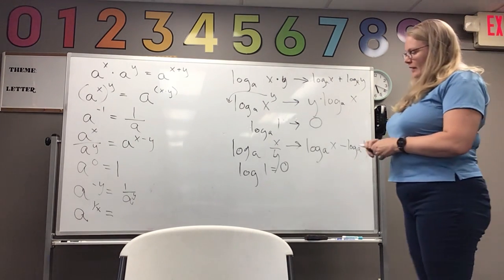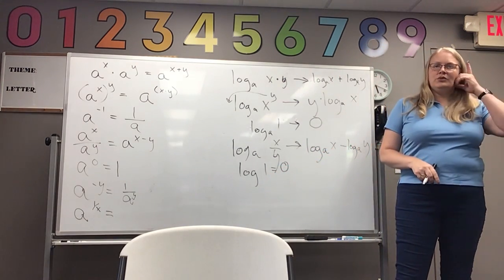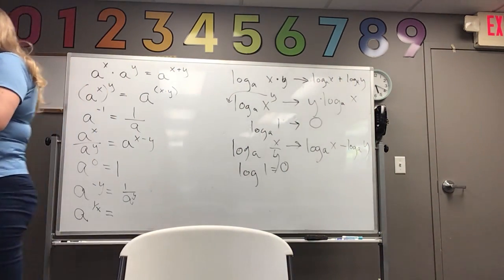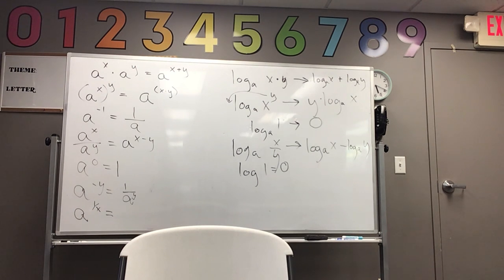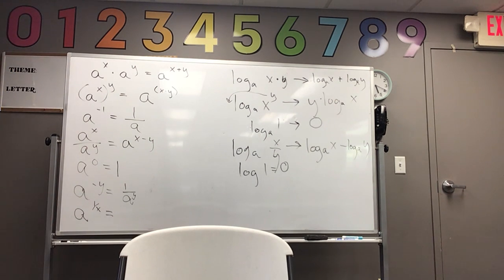Anything to the 0 power equals 1. The log of 1 is equal to 0, because it's asking what exponent would give me the answer 1, and it's anything to the 0 power gives me 1. So we already talked about this one. How about fractions? What's another way to write a to the 1 over x?